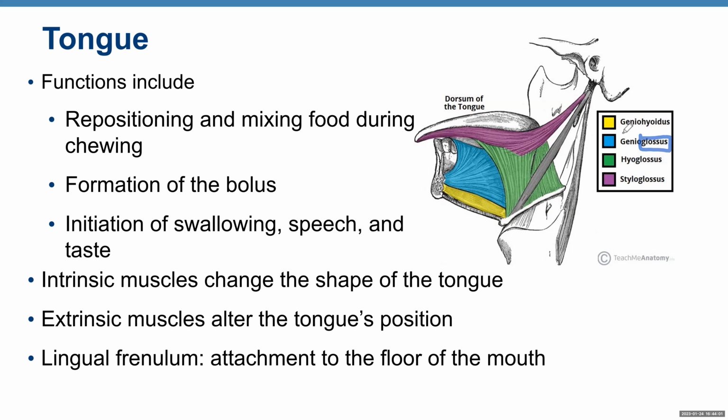So styloglossus, hyoglossus, that's from the hyoid bone, and genioglossus from the chin. So that makes up your tongue. And then you can see over here, this is the geniohyoid muscle. That is an extrinsic muscle of the tongue.